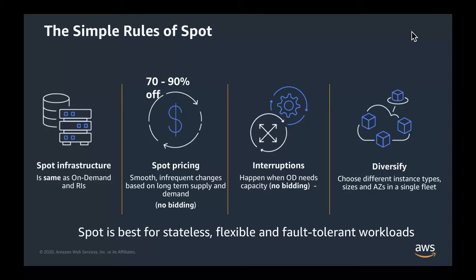So that's one other key difference. So if you get an RI, yeah, you get discounts, but you are making a 3-year commitment. Spot doesn't require any commitment, and you can use it whenever you need to, and you can scale up and down. And the price is really based on long-term supply and demand.